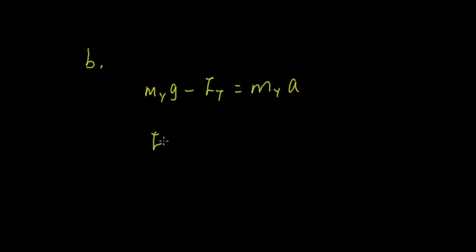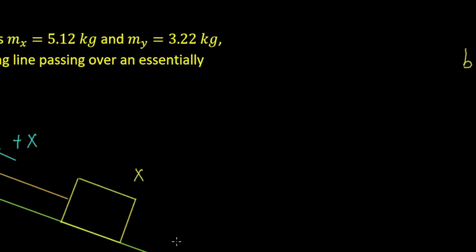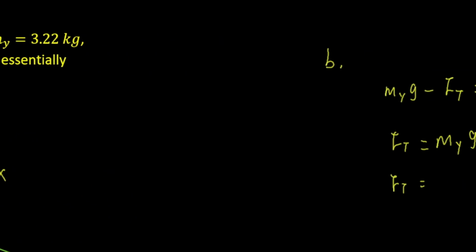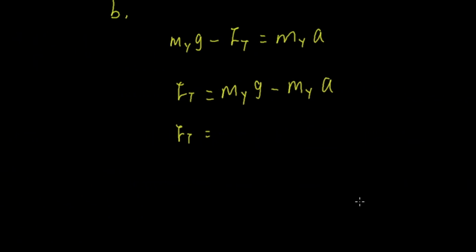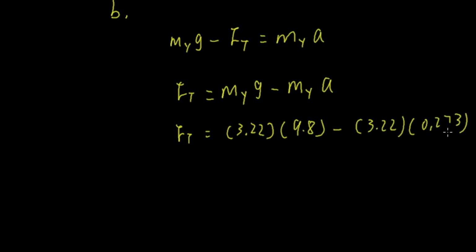So we have f sub t is equal to m sub y g minus m sub y a. So f sub t is equal to mass of block y, which is 3.22, times 9.8 gravity, minus 3.22 times the acceleration that we calculated, 0.273.